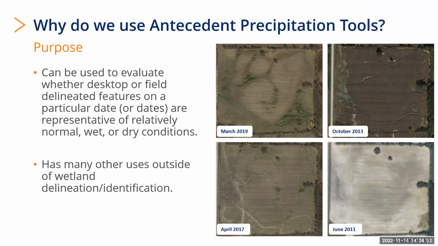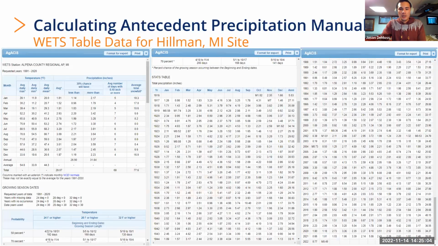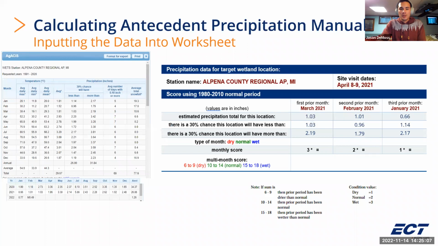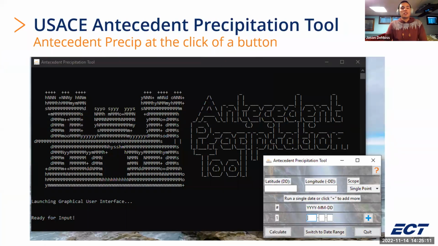Which scope test do you choose when running the APT? Which scope test? I typically do. Is that specifically related to, hang on, let me go back to my screenshots. I typically just do a single point, because I think if you do an area, it makes you upload a shapefile.